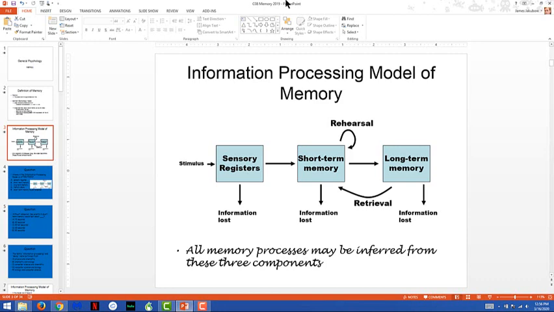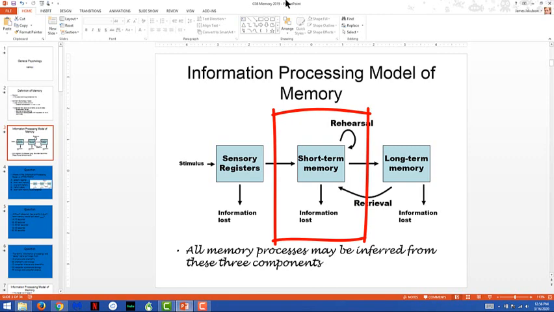From a stimulus, the very first place the information goes is an area called the sensory register. From the sensory register, the information passes to short-term memory, which, in the entire center section of this model, is going to be an essential format for what you refer to as attention.